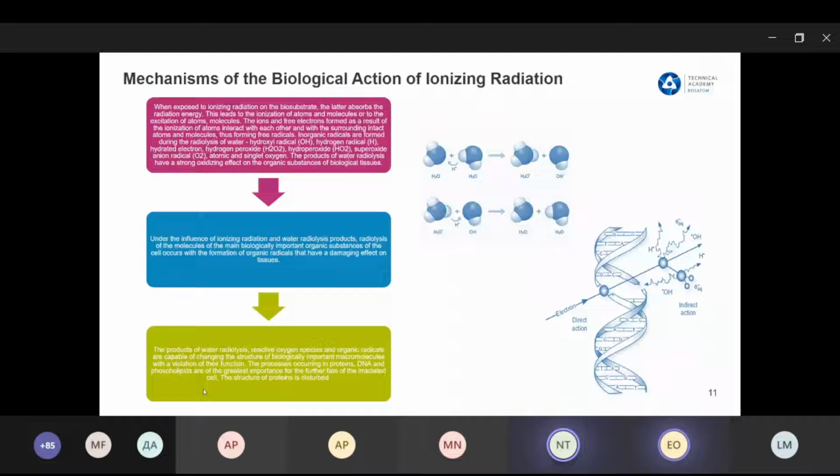In the presence of oxygen, the number of DNA base damages increases more than 3 times. As a result, the genetic apparatus of cells is damaged, chromosomal aberrations occur, and processes of division and reproduction are disrupted.